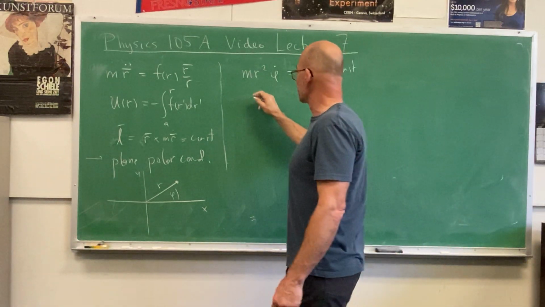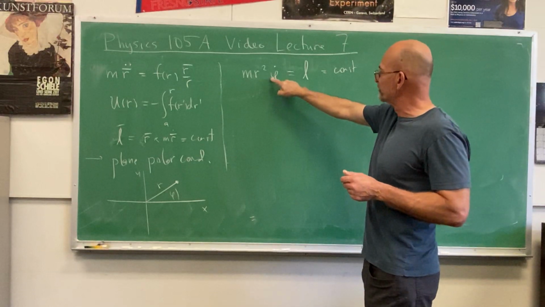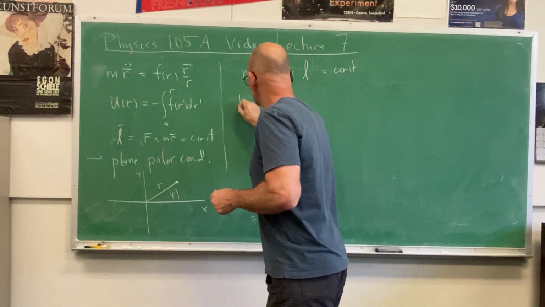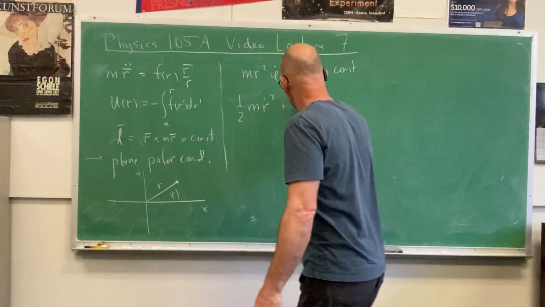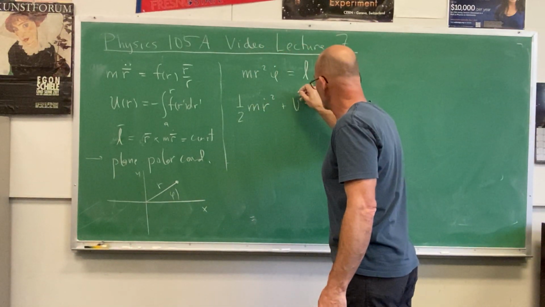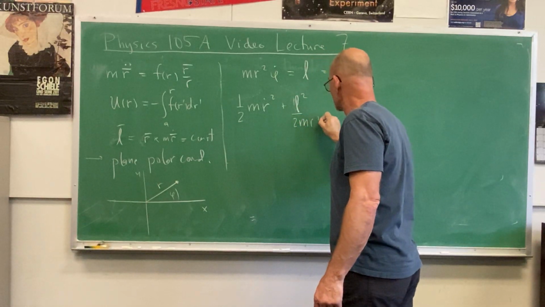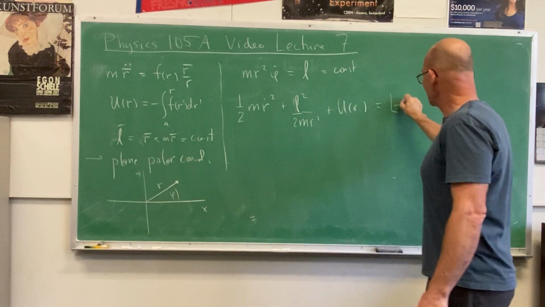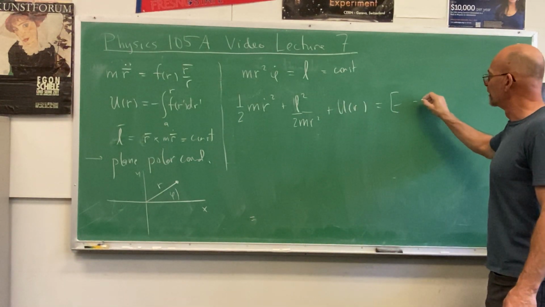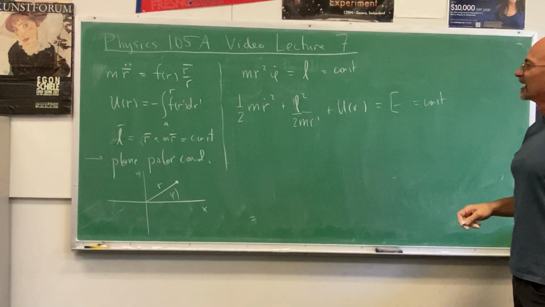And this is our one differential equation. Then the energy equation, we had already made a replacement with the phi dot. So we had for the energy a half m r dot squared plus L squared over 2mr squared plus U of r is equal to E. And that was also constant. Those were our two differential equations.